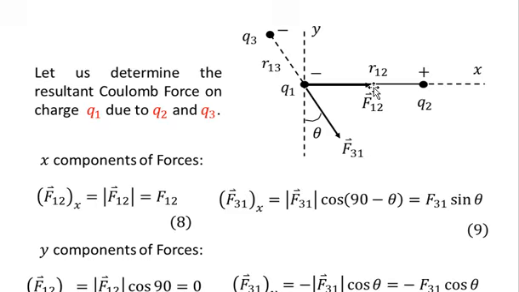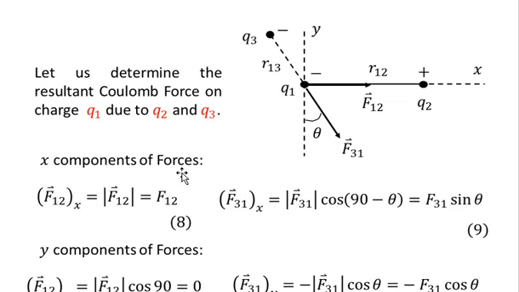If I want to add these two vector forces, one way is to split them into their x and y components, add all the x components of the two forces, then add all the y components, and then construct the resultant of the two forces from these components, which will be explained.